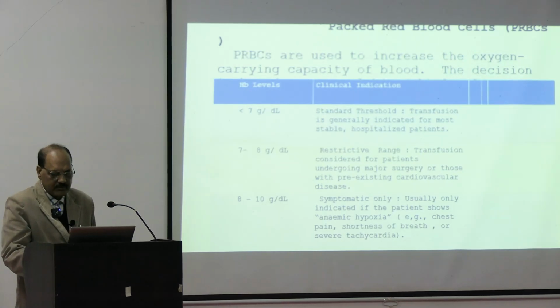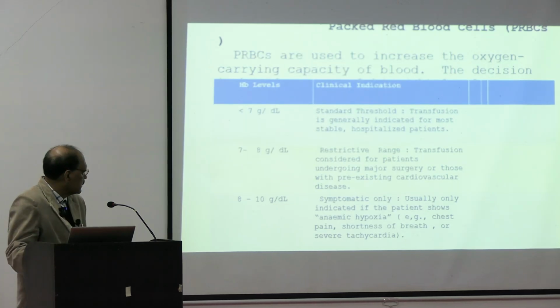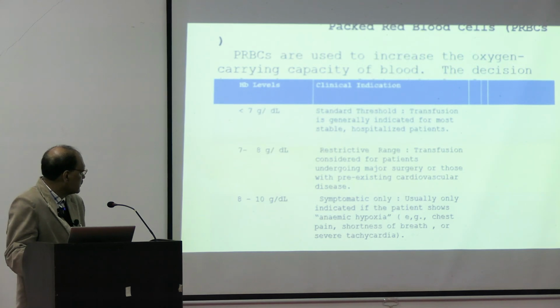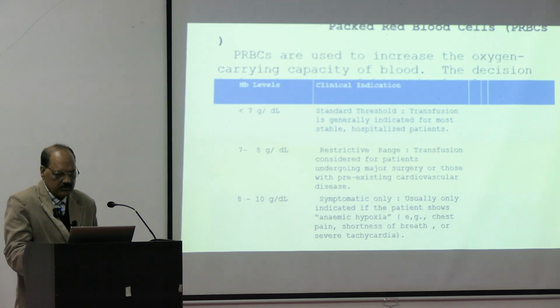This we call a symptomatic patient, so we have to give the blood transfusion. These are the levels of hemoglobin which need blood transfusion.